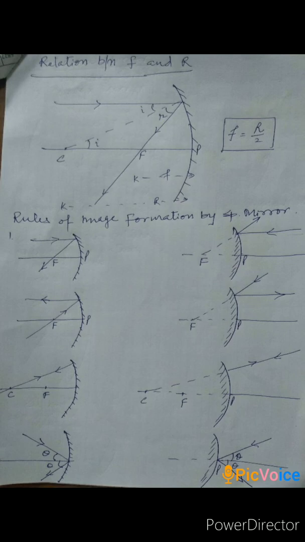Rule number 4: the light ray incident at the pole of the mirror makes an angle equal to the angle made by the reflected ray with the principal axis, in both the concave mirror and the convex mirror.